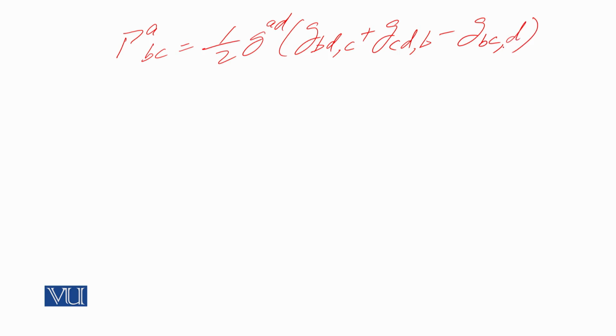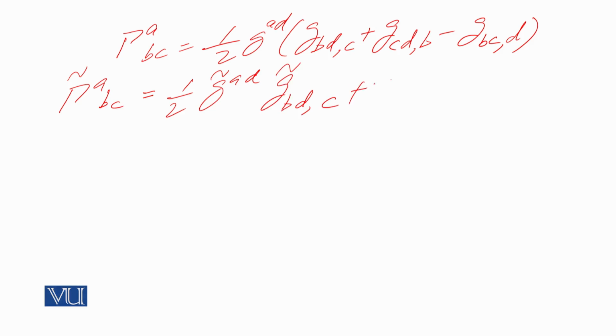Now, if we calculate it for the conformal case, then we write like this. It means we are applying 1/2 g̃^AD (g̃_BD,C + g̃_CD,B − g̃_BC,D), with conformal quantities.